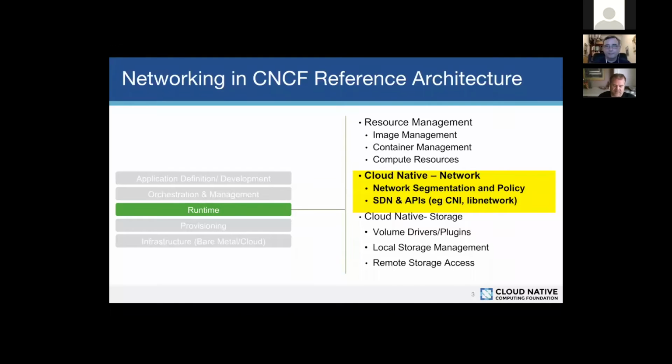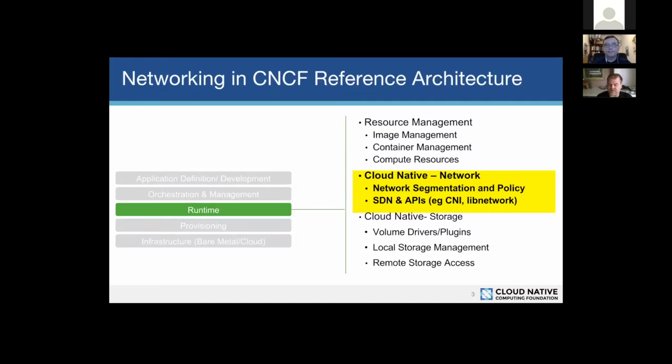Then you have the runtime layer, where things like resource management, container management, managing the compute resources, scheduling, as well as networking and storage live.